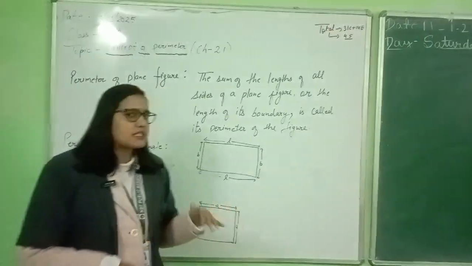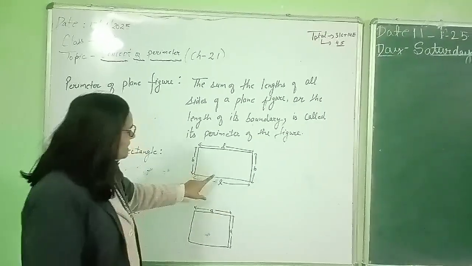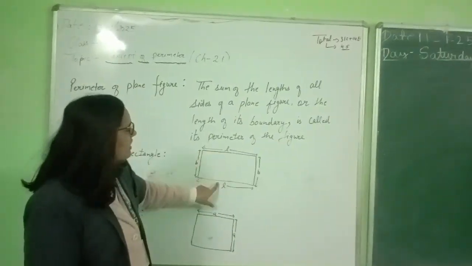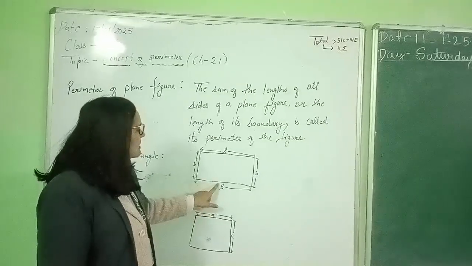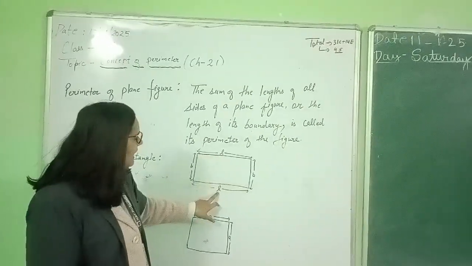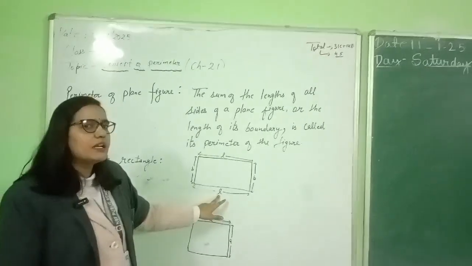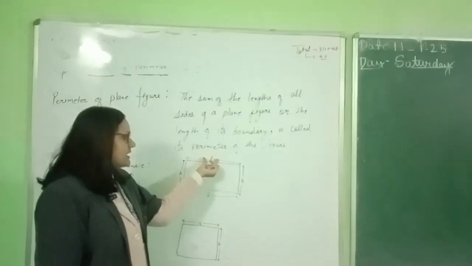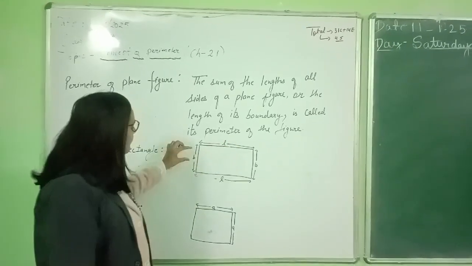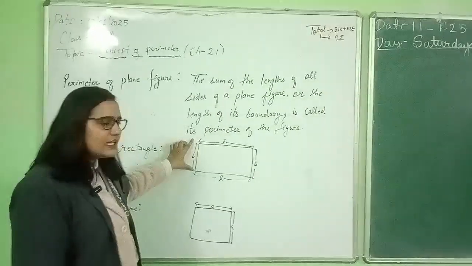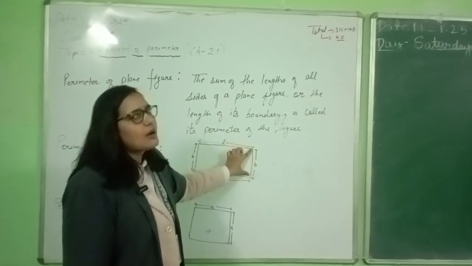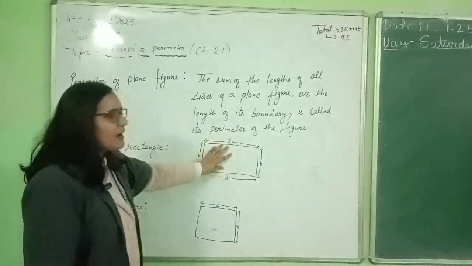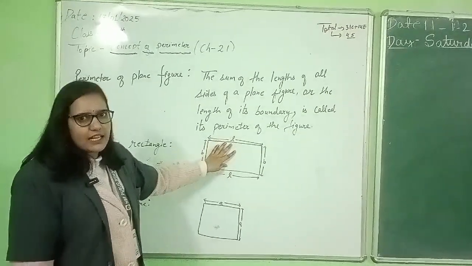The lengths of opposite sides are equal, meaning these two sides are opposite to each other, and their lengths are equal. If I take L here, L centimeter, meter, or whatever the unit is given, this is also the same. If I take the breadth of this side, then this is also equal to the opposite side. So this is our plane figure, which is a rectangle.